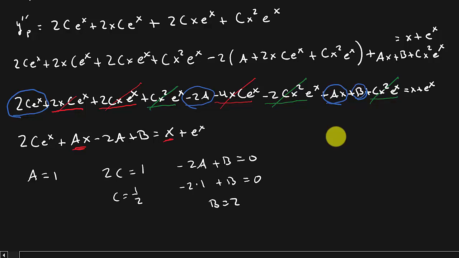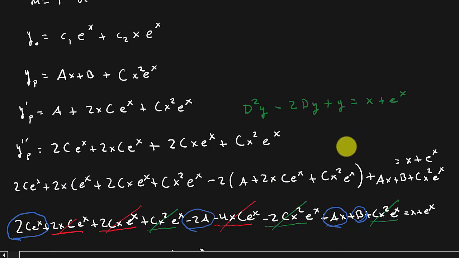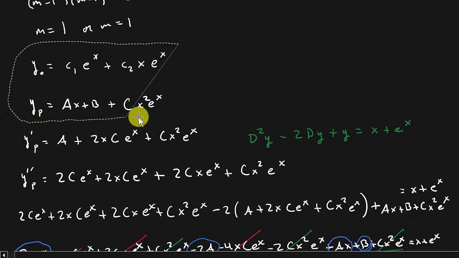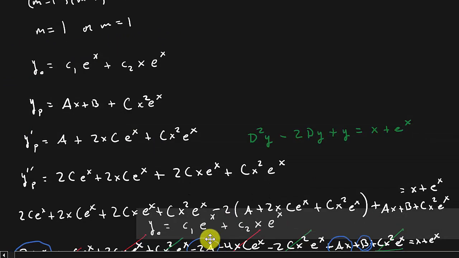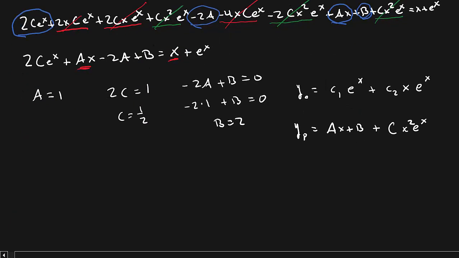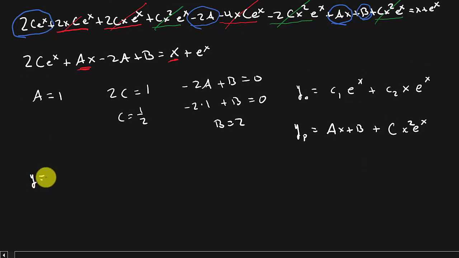So let me grab these two, because there's our complementary and our particular solution. And let's bring this on down so we can look at them. So this tells me that y_p is equal to a, which is 1, so that's (x + 2 + 1/2 x²) e^x. And y is equal to y_c, which I know doesn't look like a c, but it is.